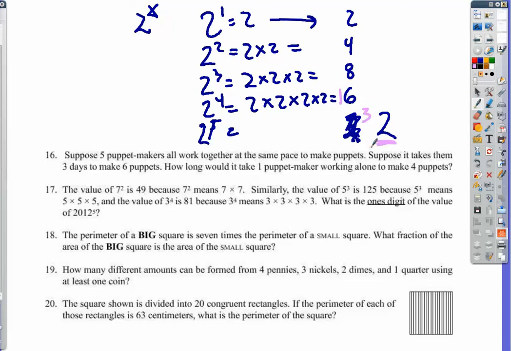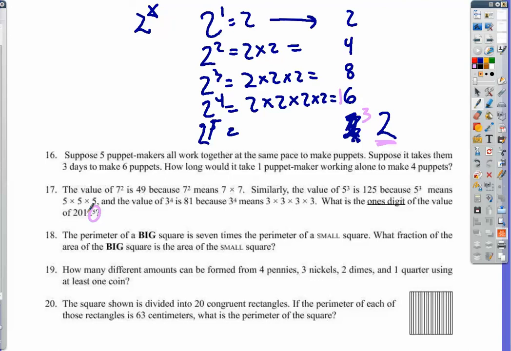So then, if I do 2 to the 6th, I'm just going to be multiplying 2 times 2 again, and this pattern is going to repeat over and over again. So the interesting thing is, it doesn't matter what the number is, right? The possible answers are always going to be 2, 4, 8, and 6, and that pattern is going to repeat over and over again.